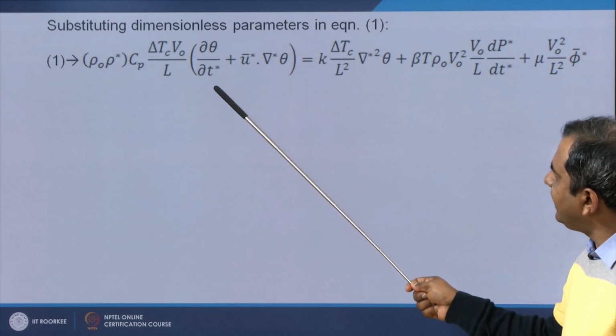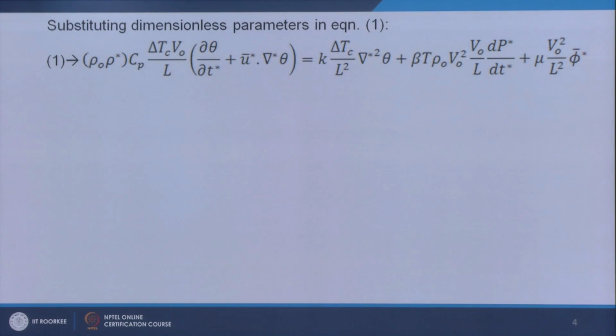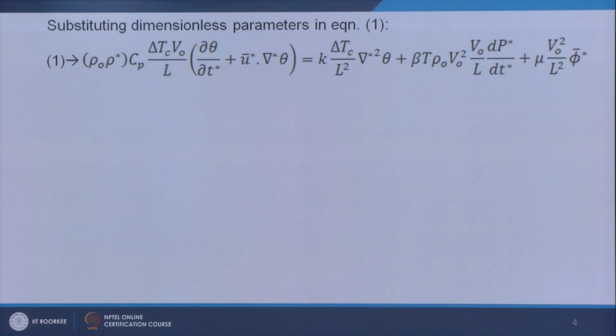We have del by del t and del, which gives rise to V naught by L. On the right hand side, for the conduction term we have k delta Tc by L square. For the del P by del t term we have rho naught V naught square, and for del by del t we got V naught by L, and for viscous dissipation we have V naught square by L square. Beta T came over here, which was earlier in equation number 1.